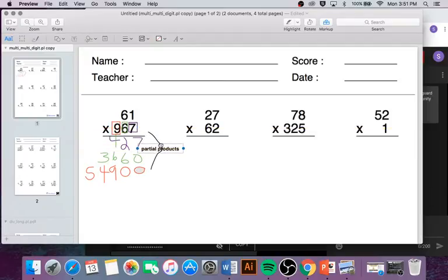That's what these are. Okay, so now that we're done with our partial products, we have to add them all together.